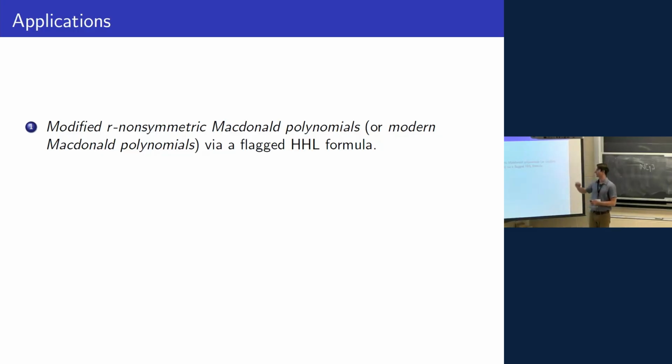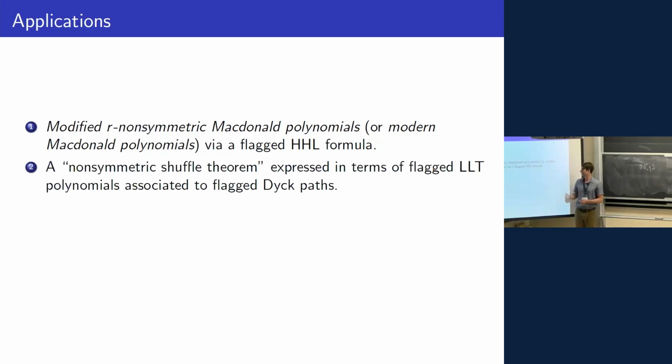We're calling them modified R non-symmetric Macdonald polynomials, or modern Macdonald family polynomials for short. As a result of being a sum of flagged LLT polynomials, these are conjecturally atom positive. We were also able to take the shuffle theorem from before, a non-symmetric shuffle theorem, and there was the shuffle theorem before with the LLT polynomials.